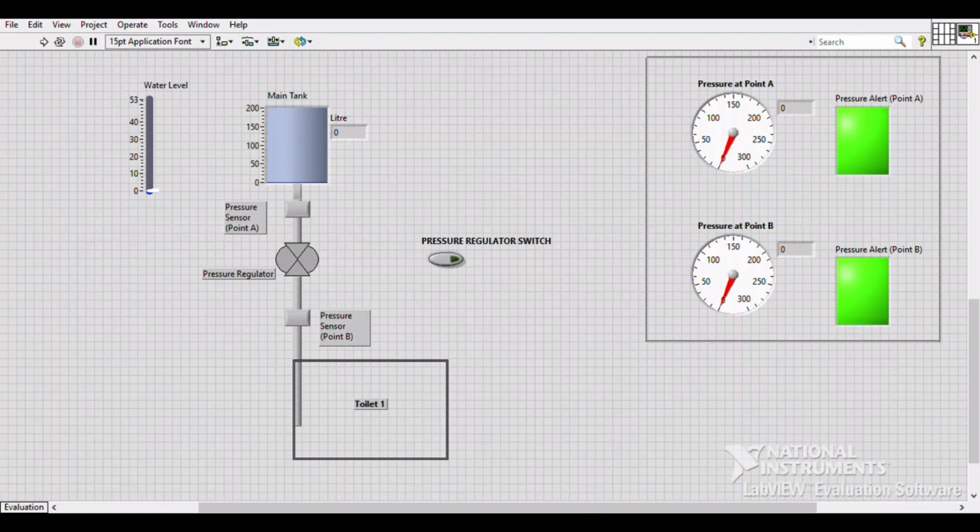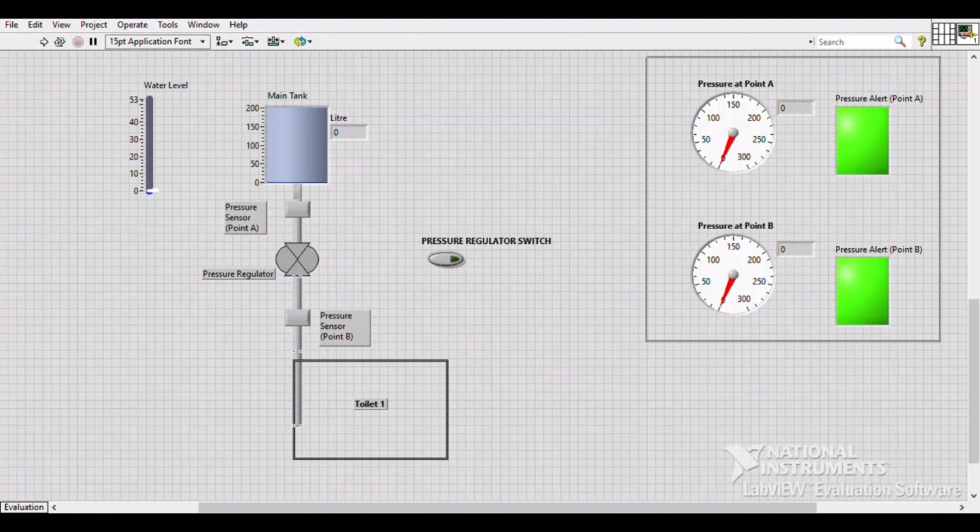For the mitigation process, we place a water pressure regulator between the pressure sensor at point A and the pressure sensor at point B. We place the sensors at separate points, before the water flows through the water pressure regulator and after it has passed through.